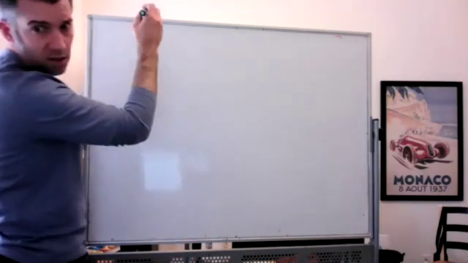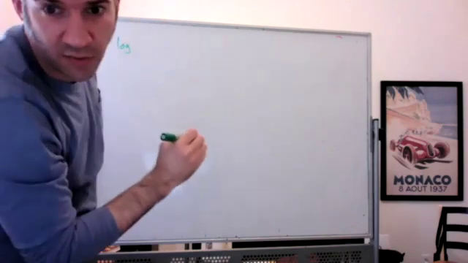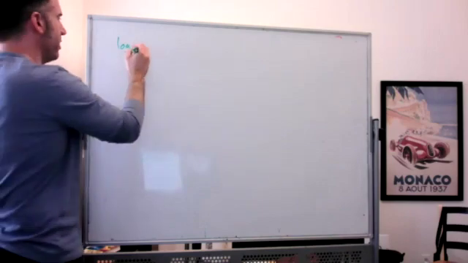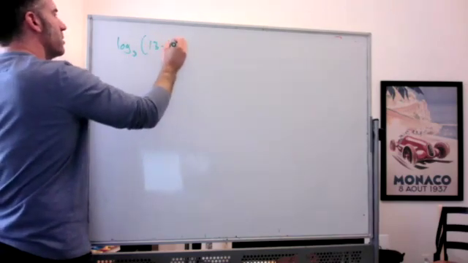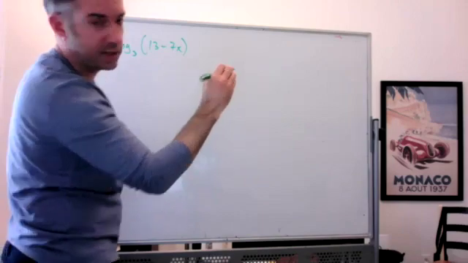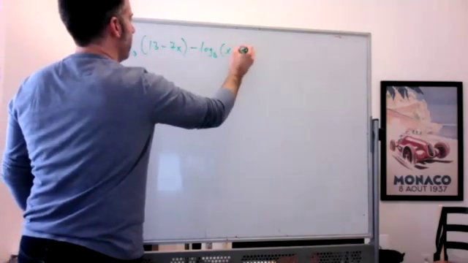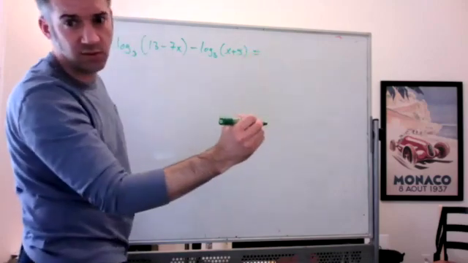So the question is log base 3 of 13 minus 7x minus log base 3 of x plus 5 equal to 2.